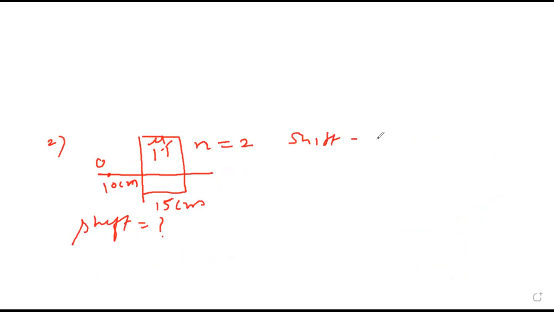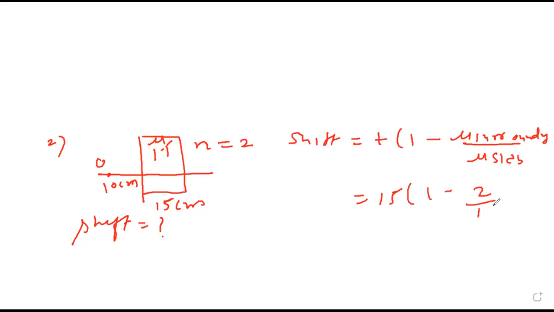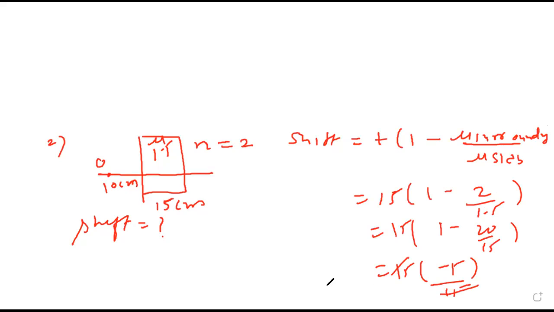Shift equals t into 1 minus mu of surrounding upon mu of slab. So thickness is 15 centimeter, mu of surrounding is 2, slab is 1.5. So 15 into 1 minus 20 upon 15. 15 minus 20 is minus 5, so the shift equals minus 5 centimeter.